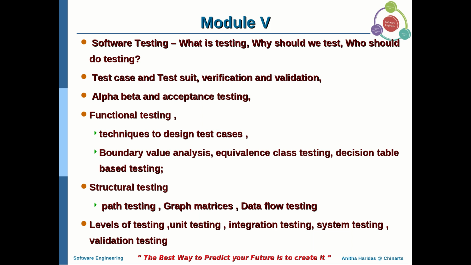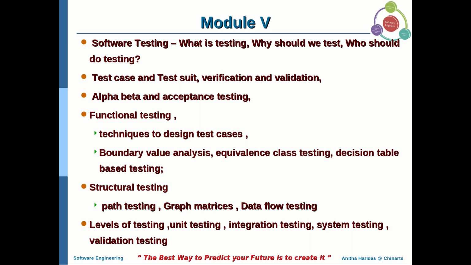How do you automate the library information system, what are the different use cases available, and how do you design these use cases in the object oriented approach. So these are the different topics we covered so far in our software engineering course.